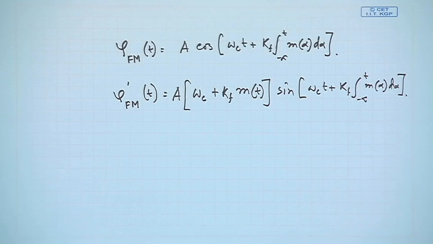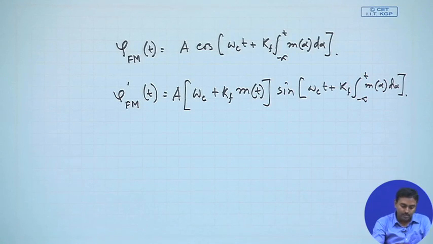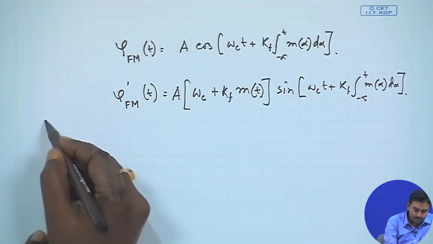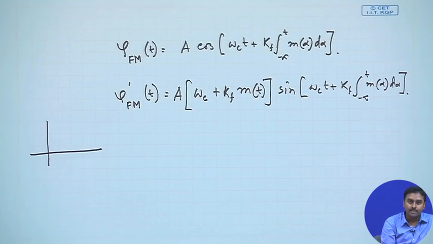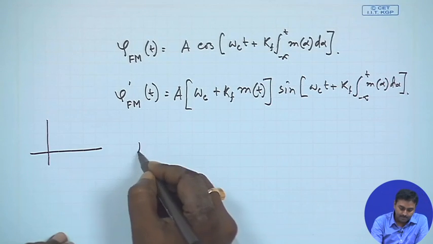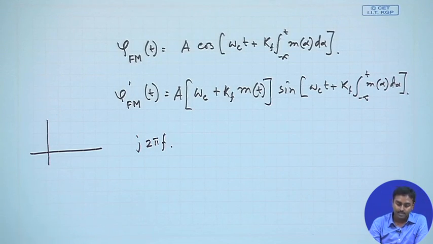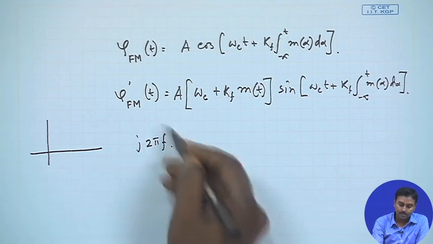Now, the sinusoidal will actually look like this. Suppose an ideal differentiator, how does that look? That is generally j 2 pi f, the corresponding Fourier transform of d dt. So, that looks like this.